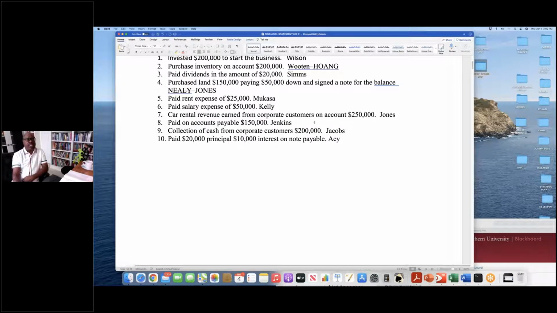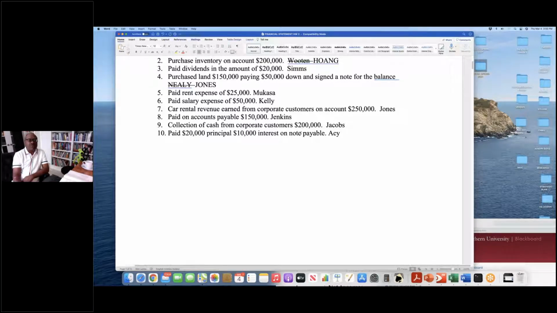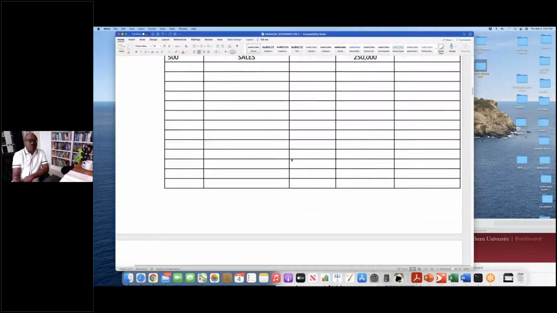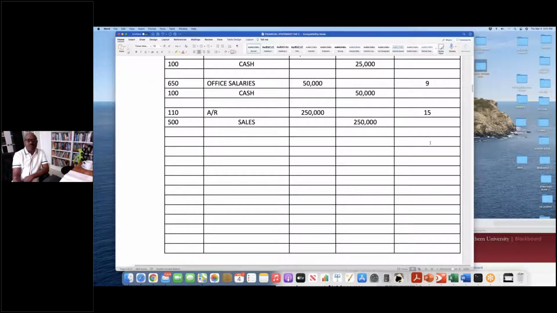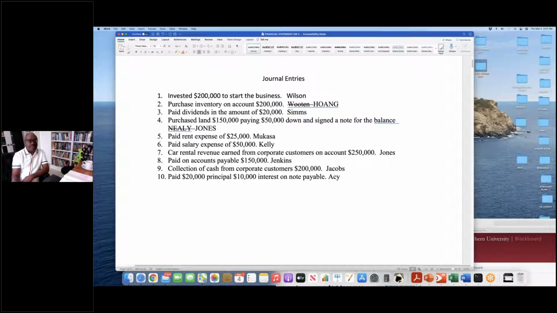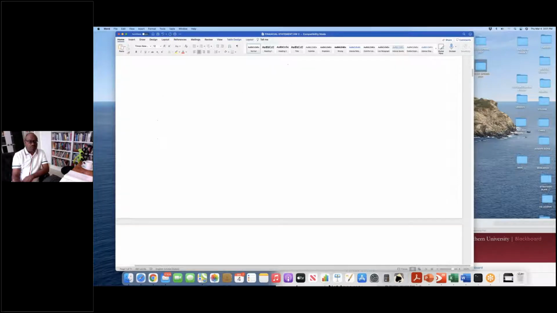Now we're on Jenkins. Let's see. Number 8. Correct. All right, so it's gonna be a type 8. What is type 8? It is a payment of a liability.